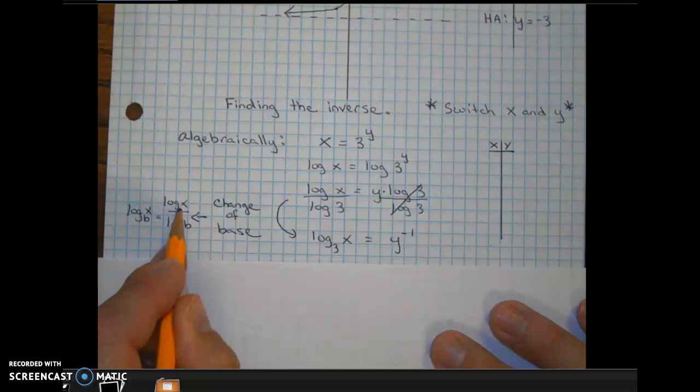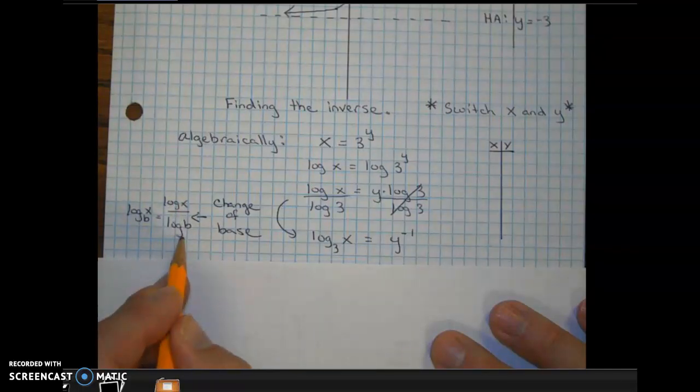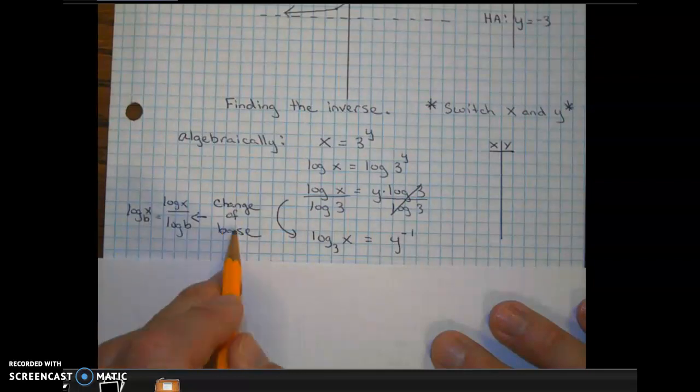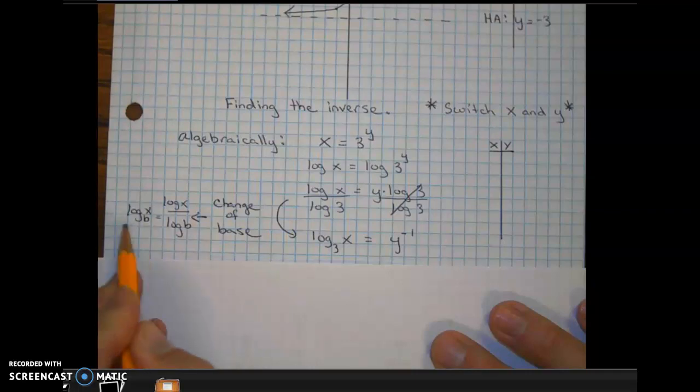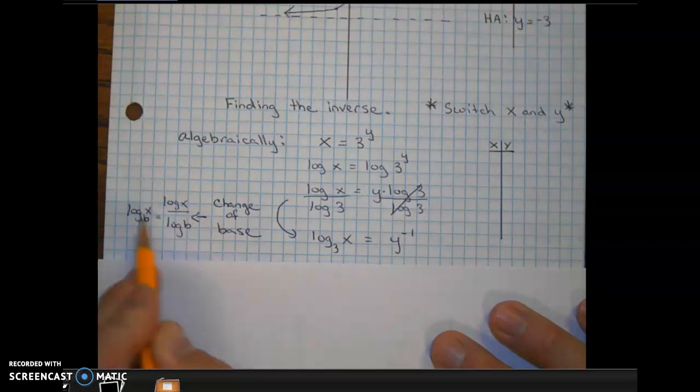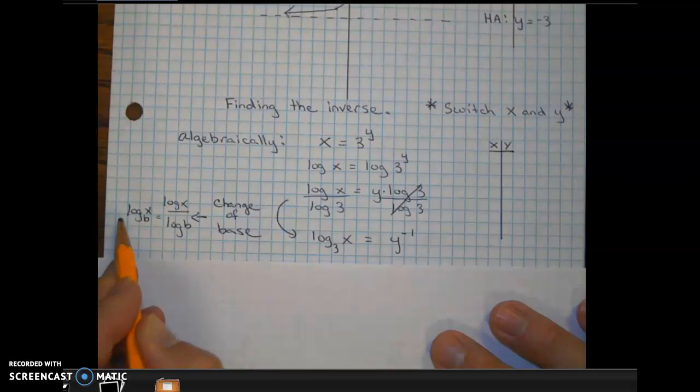It could be base 3, as long as the bases are the same. With change of base, we can rewrite this like this. We're going from 2 logs down to 1 log.